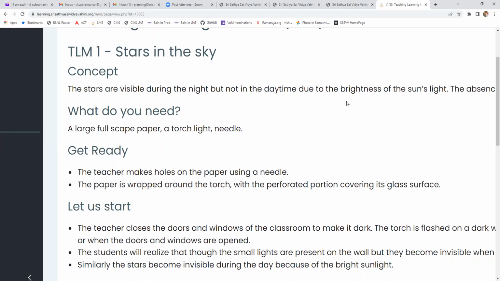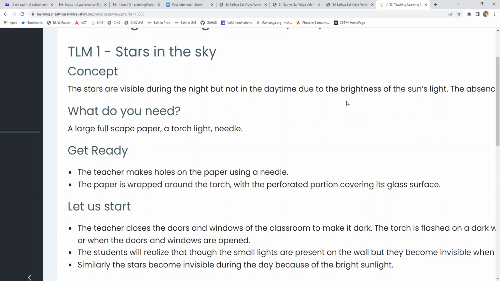Either the child could ask or you should ask the children why you are not able to see these different stars. Some of the stars are very bright, like Jupiter is normally visible by 5 o'clock or so in the evening itself, you can start seeing Jupiter, right?